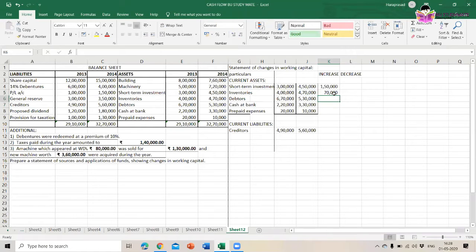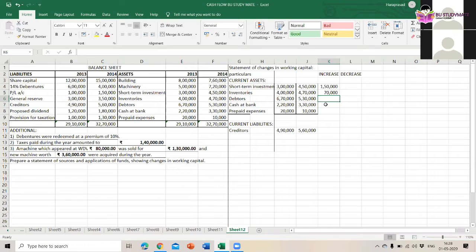So a decrease in current assets decreases the working capital. So we'll write down in the decrease column. Then here in cash at bank, it is increasing. So we'll write down in the increase column. Then here prepaid expenses, it is decreasing.